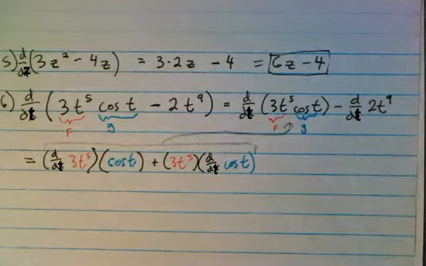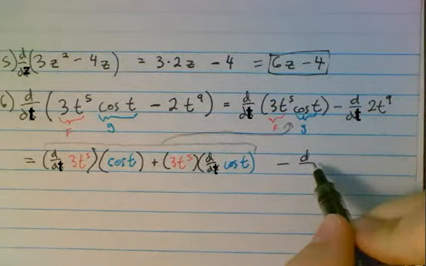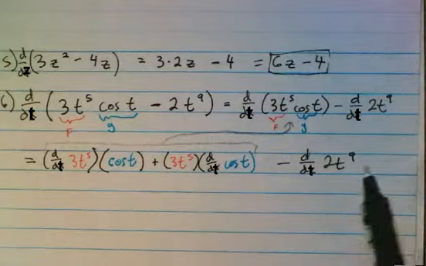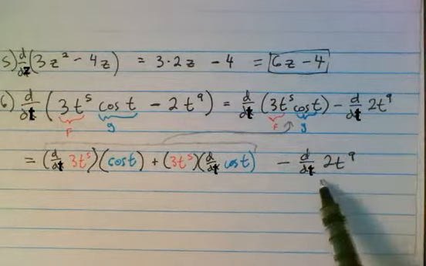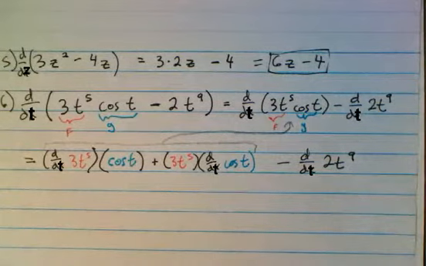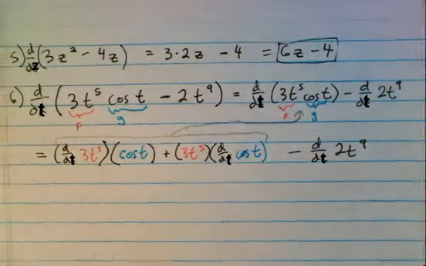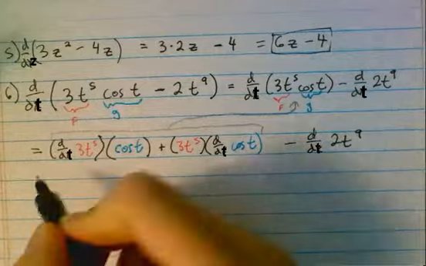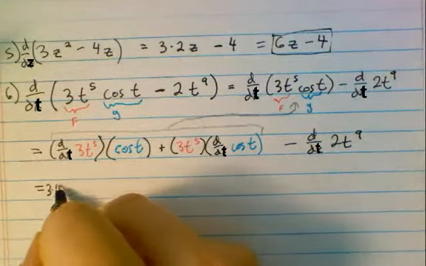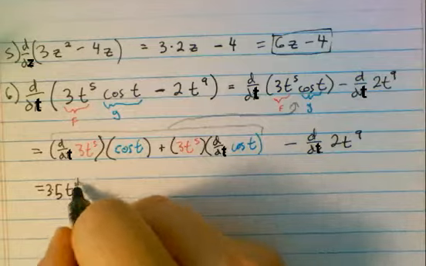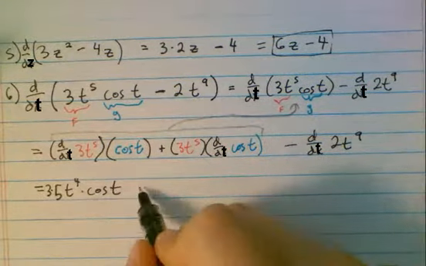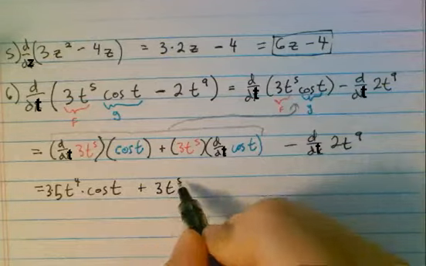We're still going to take the derivative of 2t to the 9th. You might ask me why I still have this here, why I haven't just done this step. That's because I'm going to avoid taking any derivatives until I'm ready to take all my derivatives, just so I don't lose my pieces. So at this point I can take the derivative here: 3, bring down the exponent, 5t to the 4th, cosine t, plus 3t to the 5th stays the same.